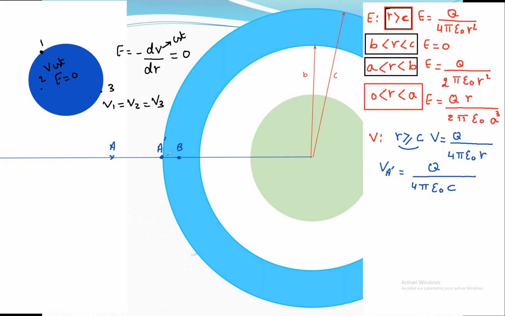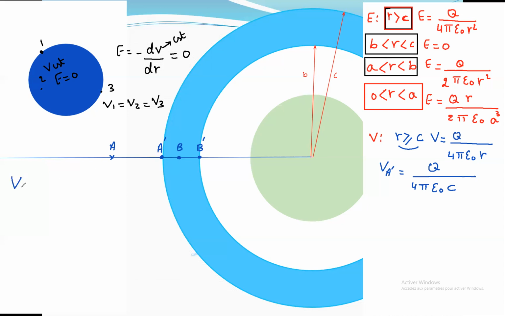So in this case, VB equals VA prime, let's say here we have VB prime. Okay, like this one. So we calculated VA prime.